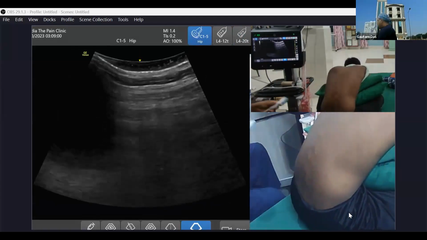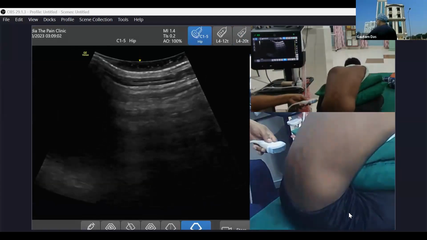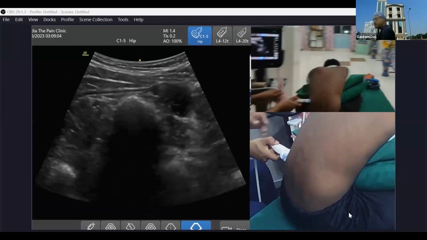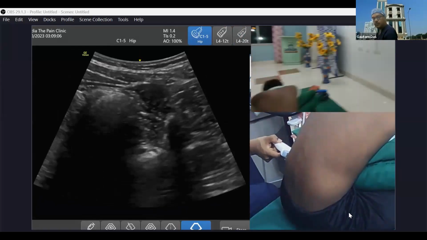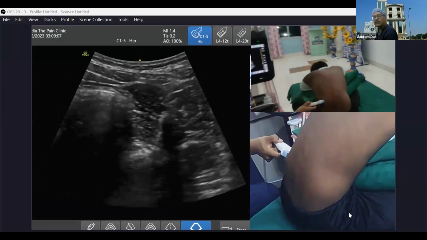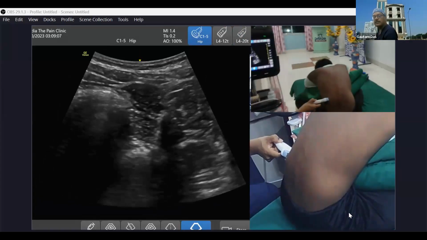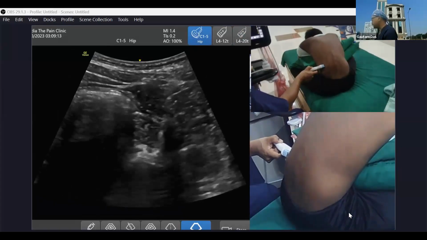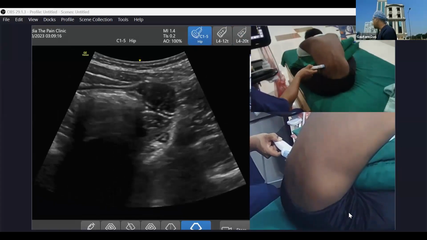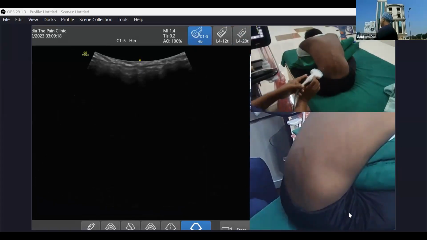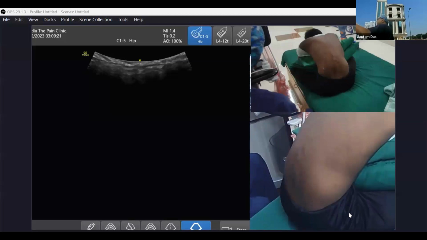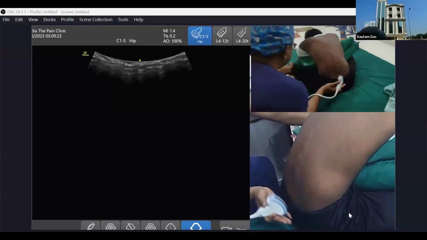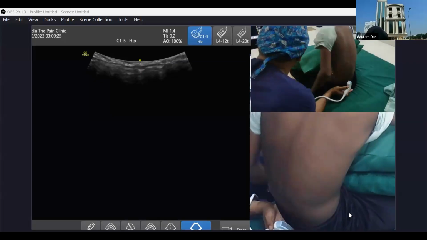So now you see how I'm holding the probe, like this. Okay, can you see how I'm holding the probe? My probe marker is anterior, that means the left-hand side of my screen is anterior.